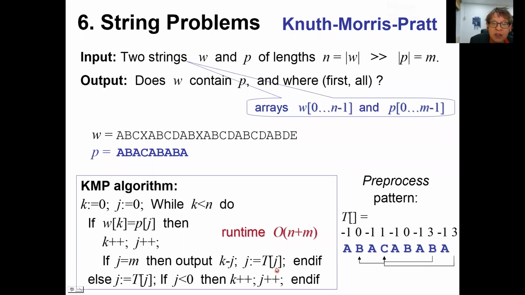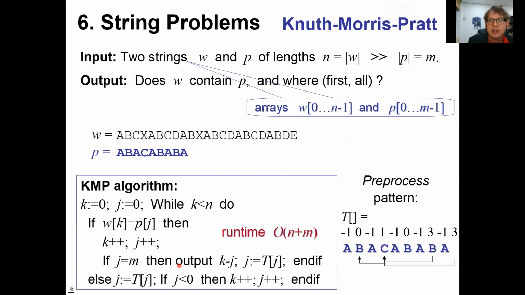And if the inner index does not decrease, then the outer index remains the same or still gets to increase, so that the overall number of executions of the loop body is O of n plus m instead of O of n times m. And that's an improvement compared to the naive algorithm.